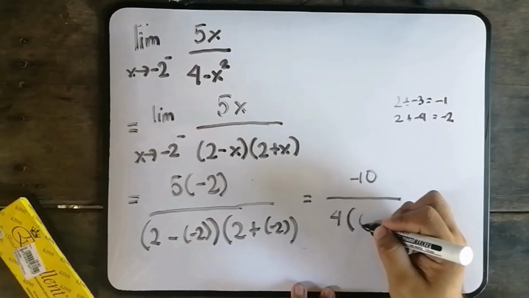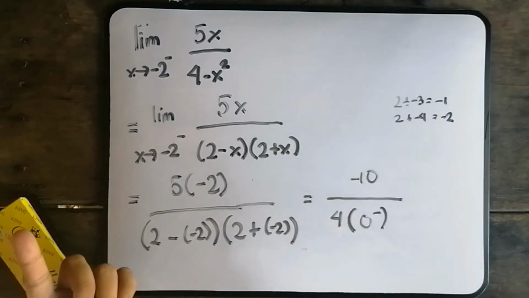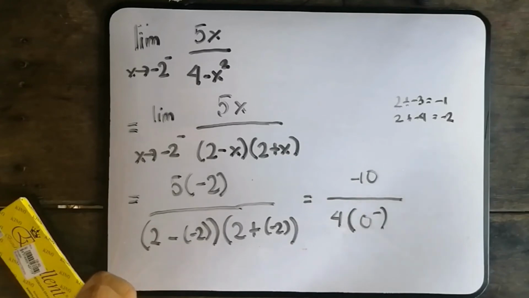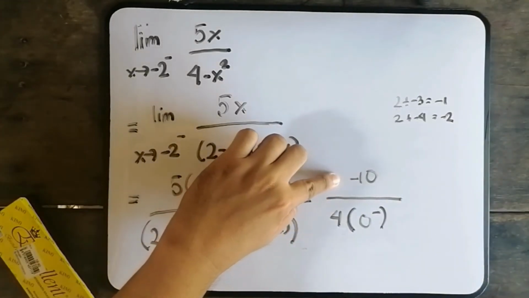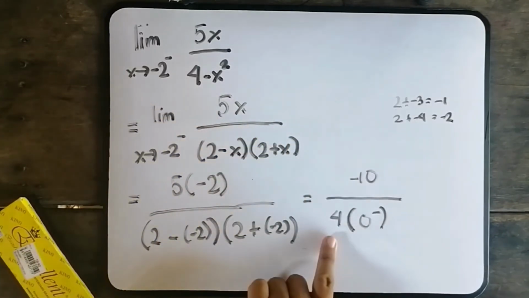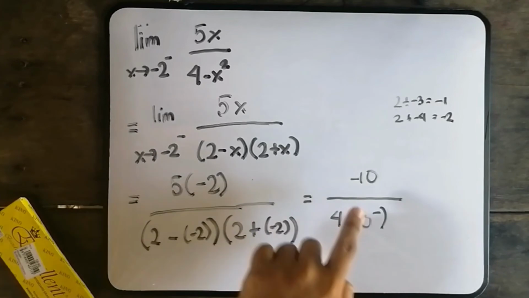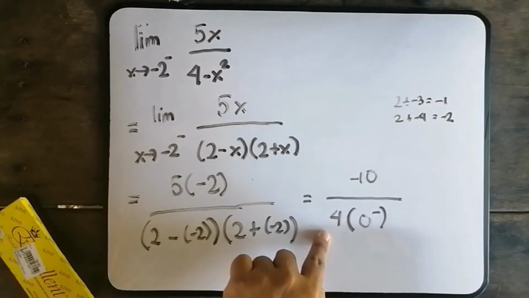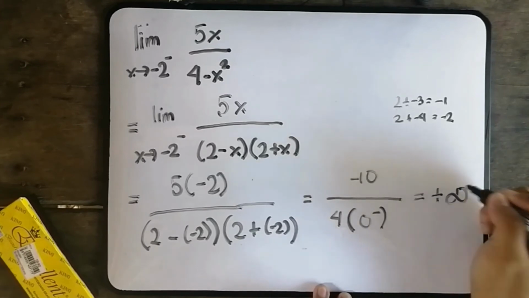Therefore, this is 0, negative. So, sabi ko nga kanina, dapat same sign para positive, different para negative. So, in this case, we have negative sa taas, sa baba, positive times negative is negative. So, we have negative over negative. So, the answer is positive infinity.